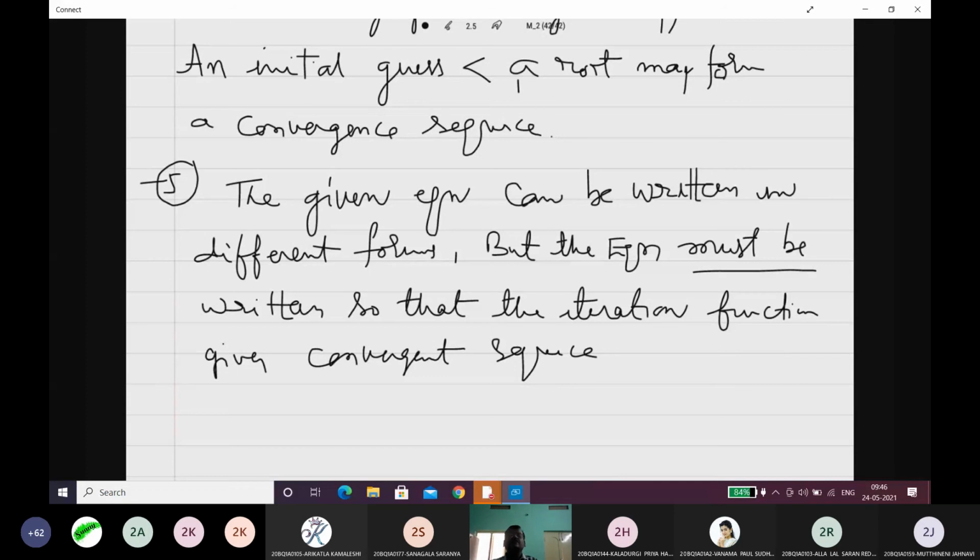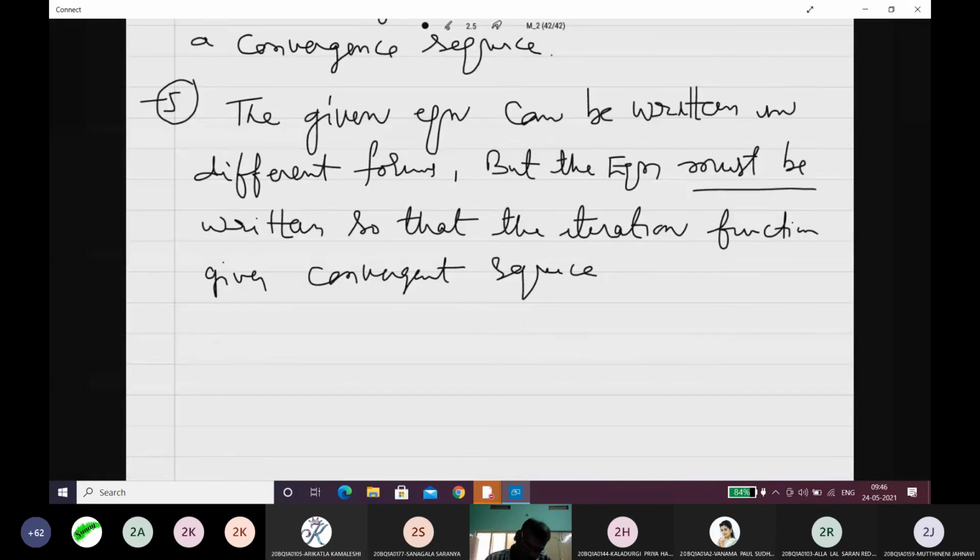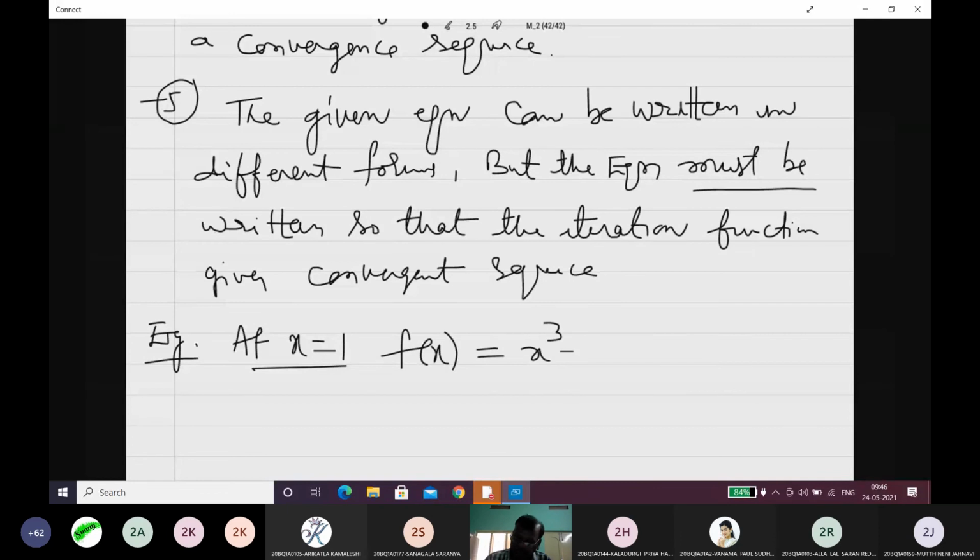మనం ప్రాబ్లమ్ x is equal to phi of x ఎలా అంటే అలా తీసుకునేదానికి వీలవ్వదు. Let us see one example. At x is equal to 1, f of x is equal to, say, x cubed minus x minus 1. How many forms have we tried for this as x is equal to phi of x?